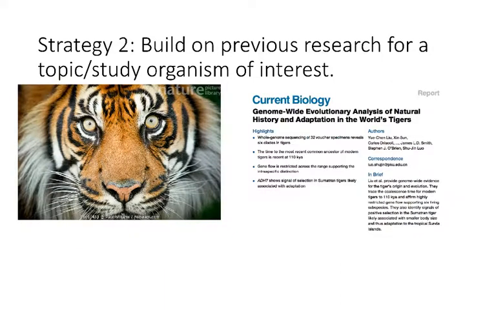And then from there, so this is one example of a paper that came out a couple years ago where they looked at the genomics of tigers, and they actually used whole genome sequencing, which we've talked about previously.